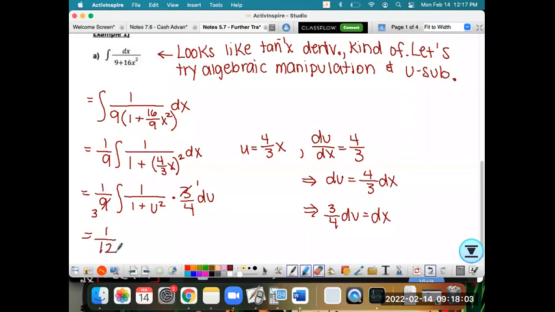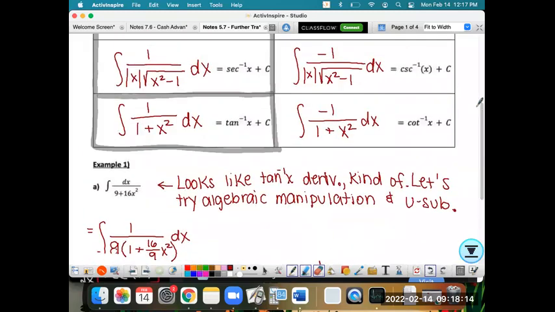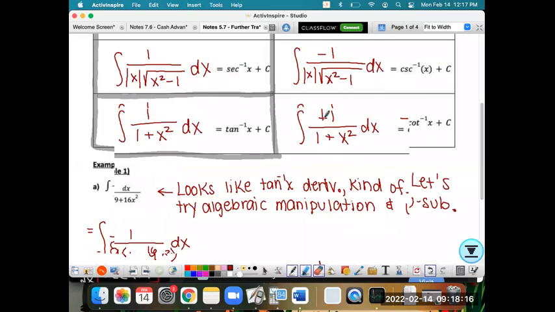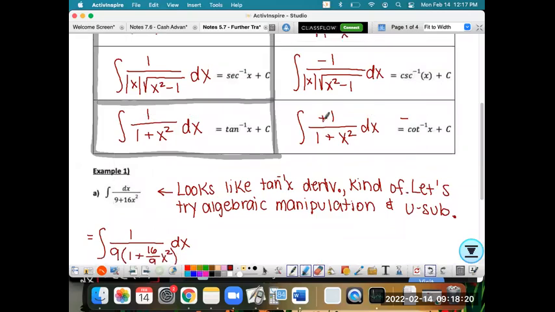Antiderivative of that integrand, tangent inverse, or I could say negative cotangent inverse. It's technically negative cotangent inverse would then be positive in the integrand.